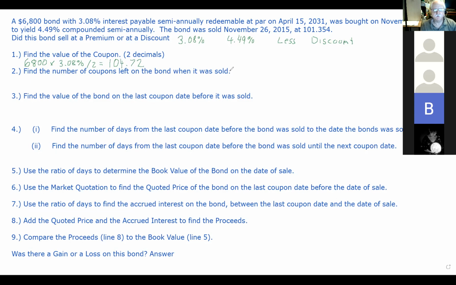Find the number of coupons left on the bond, and they've given us dates here. So it's redeemable. So this is the maturity. And it was sold on November 26th. So this is the settlement.